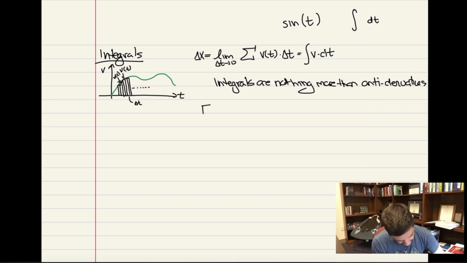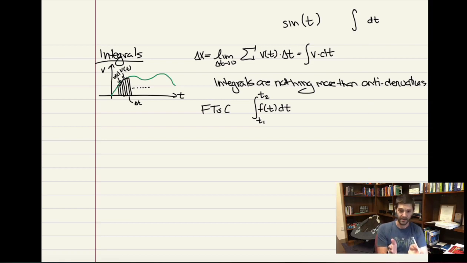So the fundamental theorem of calculus essentially says, and let me write it down and I'll explain it. If I have some function of t, the integral of some function between some point t1 and t2. So all I'm saying here is you're starting at t1 and you're ending at t2.